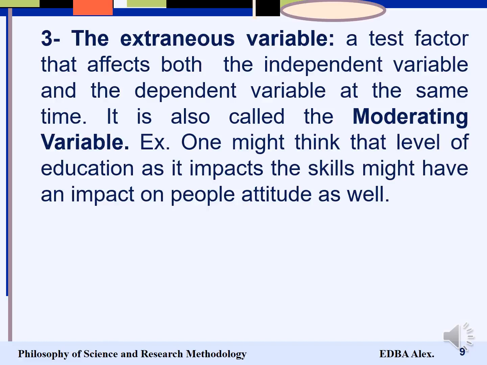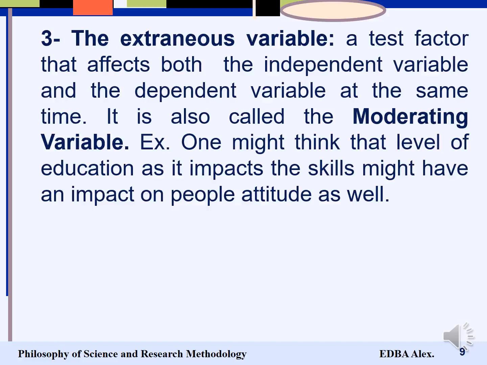One might think that the level of education, as it impacts skills, might have an impact on people's attitude as well. So the education level as an extraneous variable improves people's skills and also improves people's attitude. This is why sometimes you see a relationship between skills and attitude.